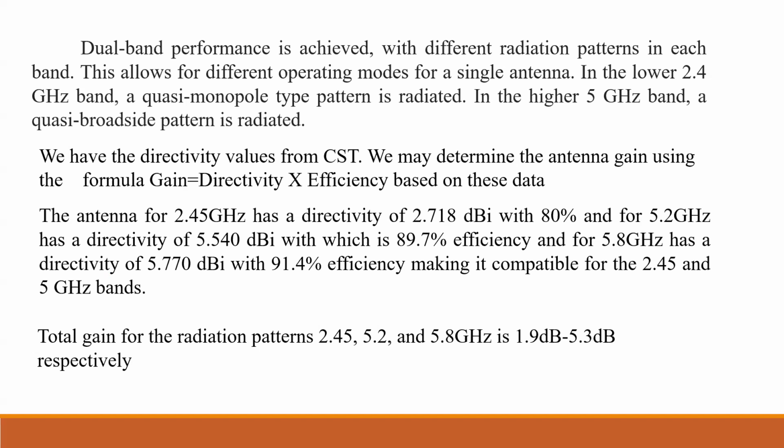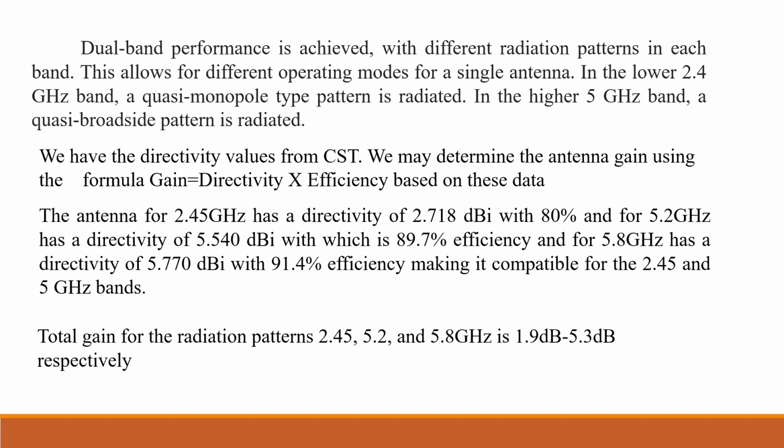We have the directivity values from CST. So we may determine the antenna gain using the formula gain equals directivity times efficiency based on this data. The antenna for 2.45 gigahertz has a directivity of 2.7 decibels with 80% efficiency. For 5.2 gigahertz, we have a directivity of 5.5 decibels with 89.7% efficiency.